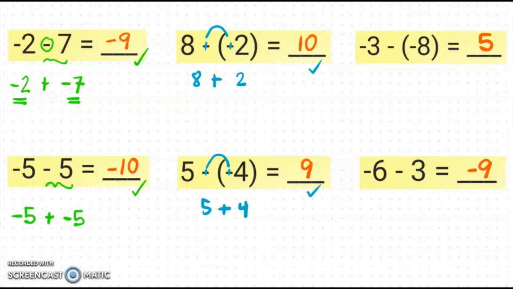So we can also apply that concept to this next example. We have negative 3 and a minus sign. So if we make that positive, it's like adding negative 3 and a positive 8. So what do we know about adding different sign integers? So we apply subtraction of the absolute values, right? So it's like 8 minus 3 is a 5.